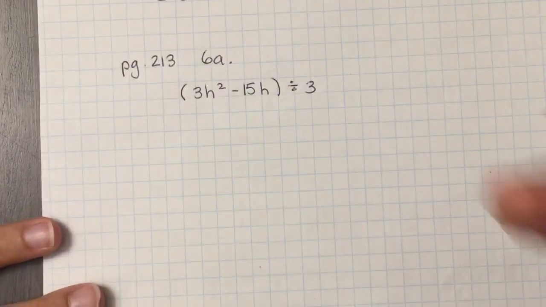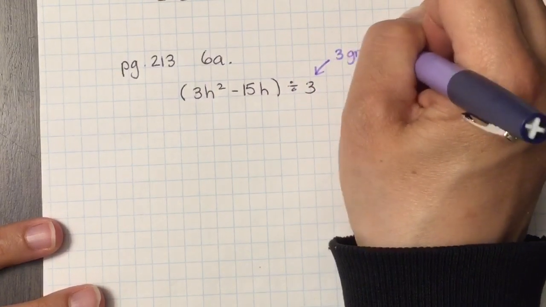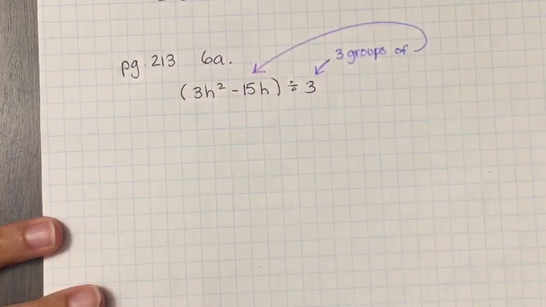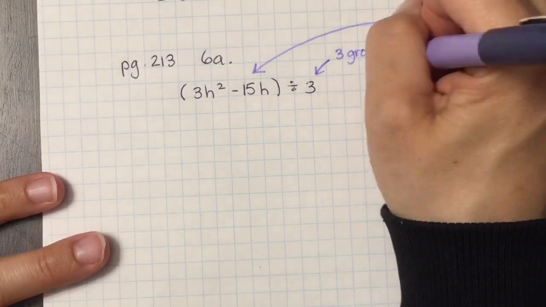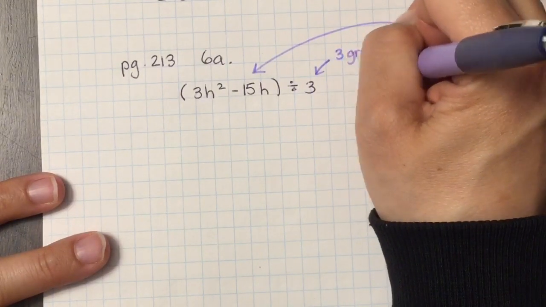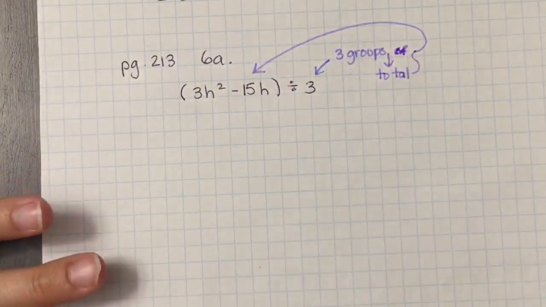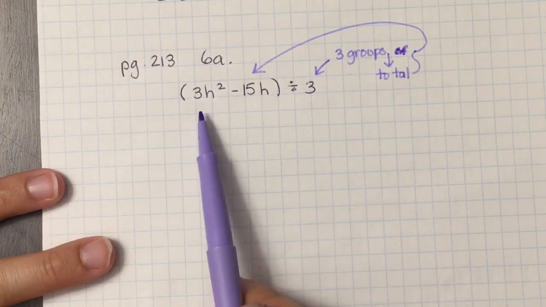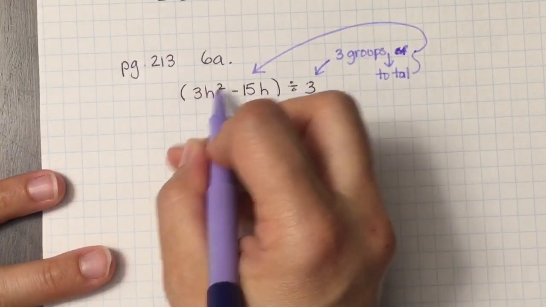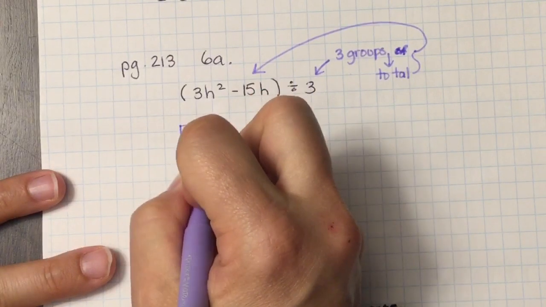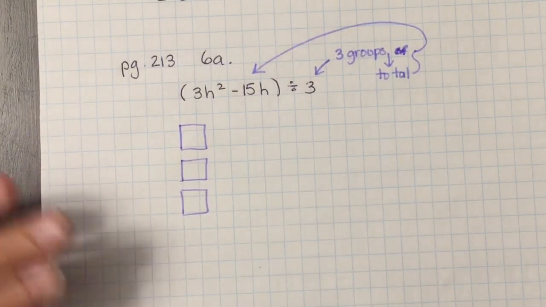So this tells me I need 3 groups to total this. You want 3 groups to total this, not 3 groups of this, otherwise we'd be multiplying. So I have 3h squared, so I'm going to start with 1, 2, 3. Okay, so now I have my 3 groups.